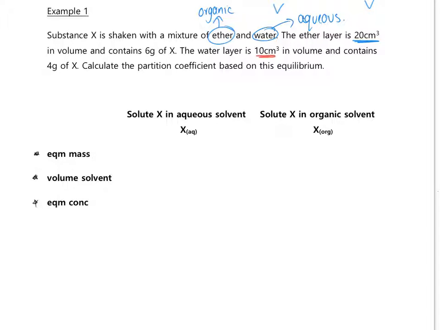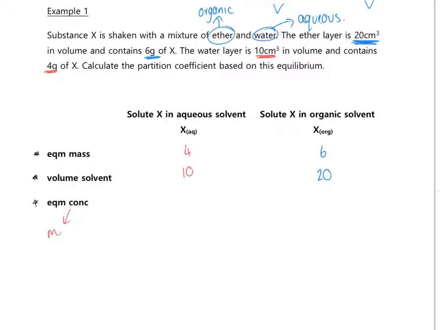The organic layer contains 6 grams of X, and its volume is 20 centimetres cubed. Then for the aqueous layer, which is water, it contains 4 grams of X, and its volume is 10 centimetres cubed.